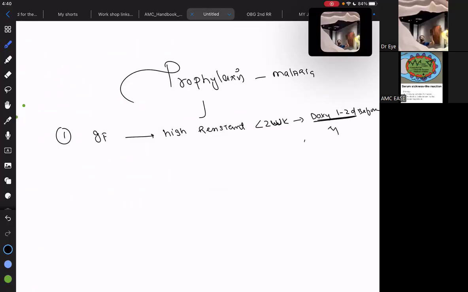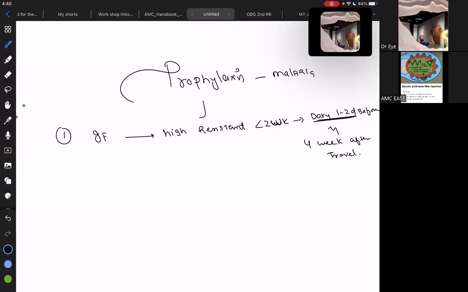And 4 weeks after travel. You will start this doxycycline 1 or 2 days before the travel, and then continue it for 4 weeks after travel.